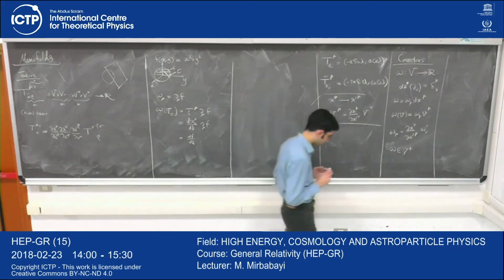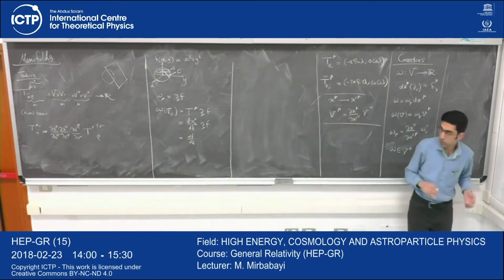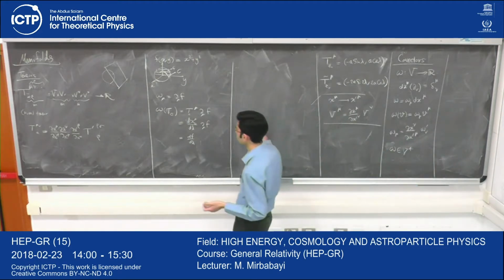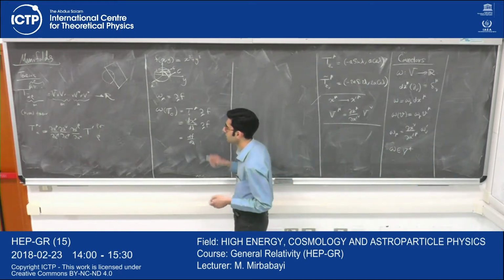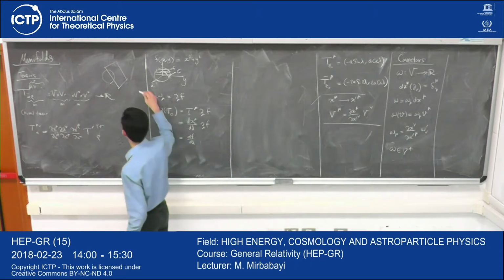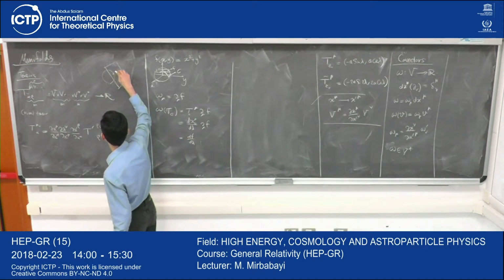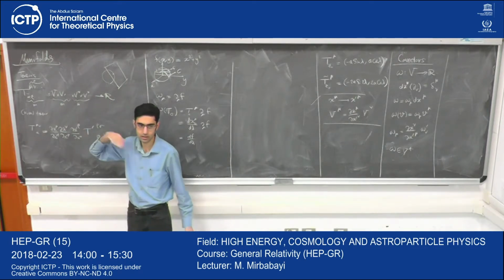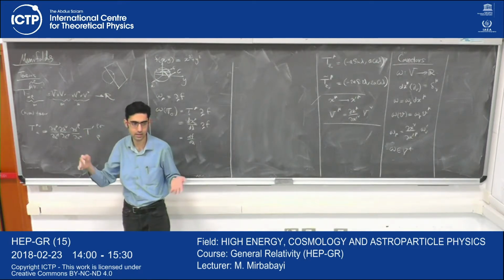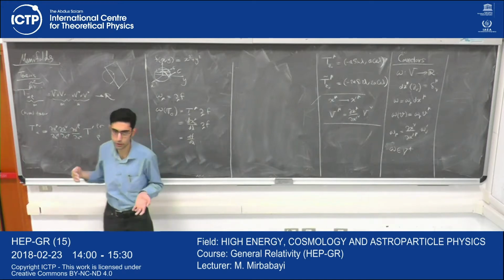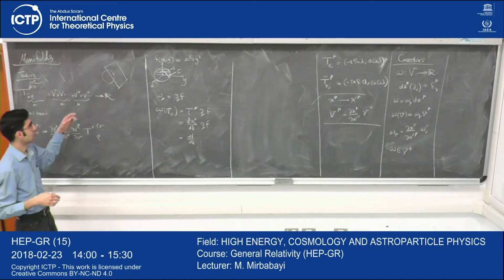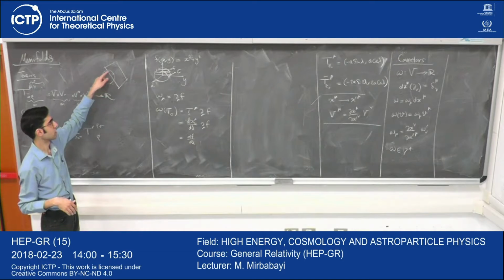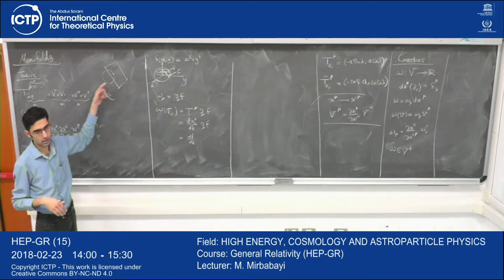Okay, so we can also have vector fields and tensor fields. When we talk about a field, it's a quantity that exists everywhere on the manifold. So a vector field is the assignment of a vector to every point on the manifold.